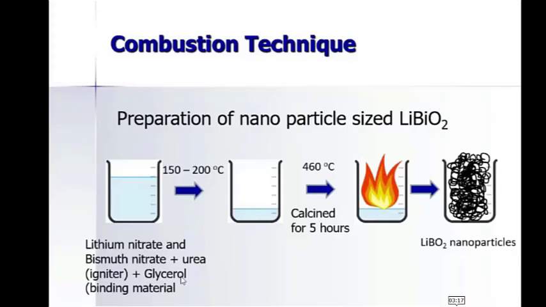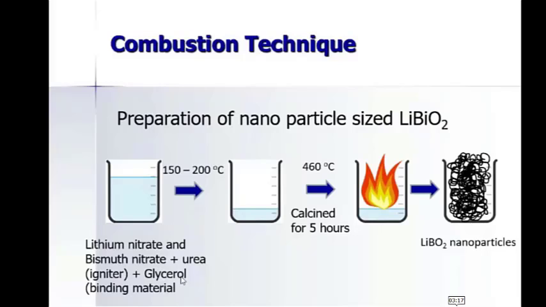An example is given, synthesis of nanoparticle sized LiBiO2 powder. Now, it need not be LiBiO2, it can be any other oxide. For that, we start with the nitrate of the element whose nanoparticle oxide you want to synthesize.